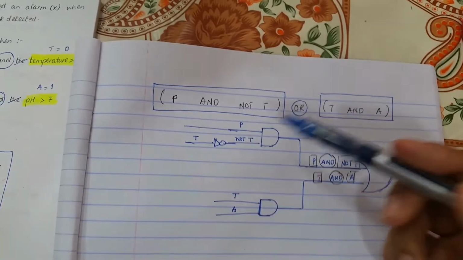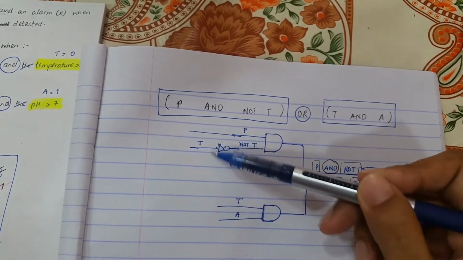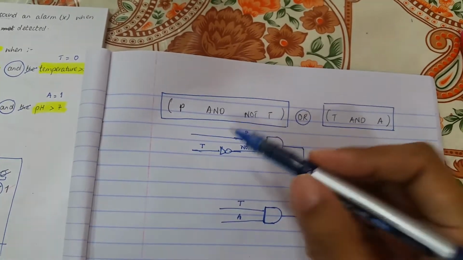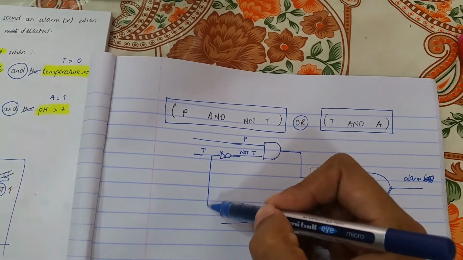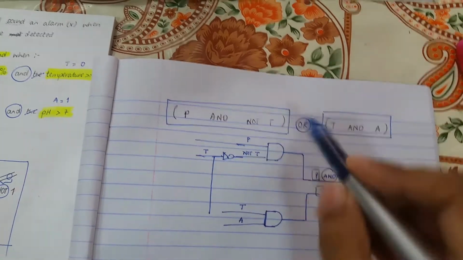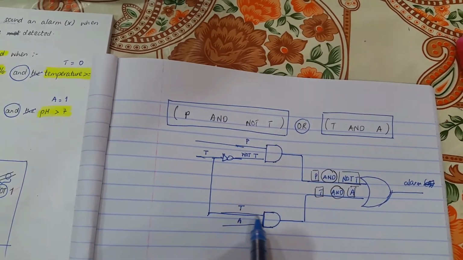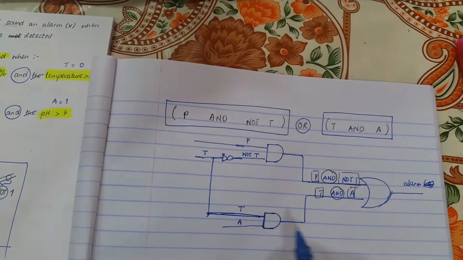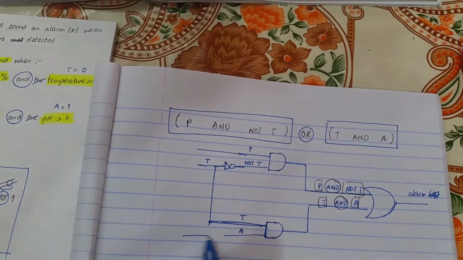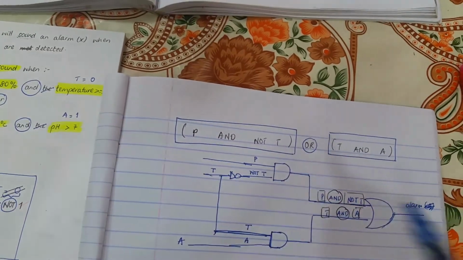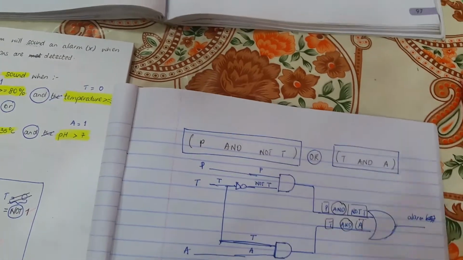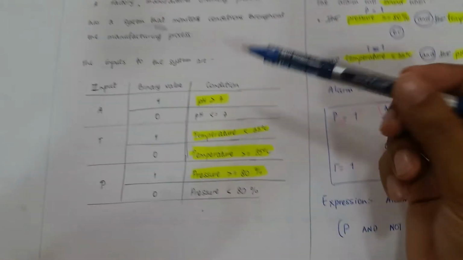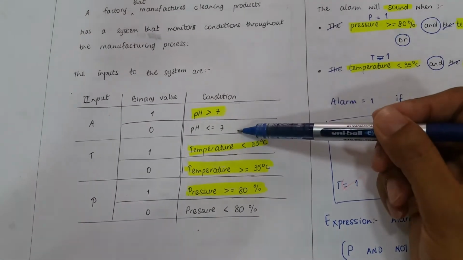Now you cannot have two lines producing the input T. So this is the input T feeding onto that NOT gate and feeding onto that AND gate, and this is A. So basically, maybe you will not use all the conditions.